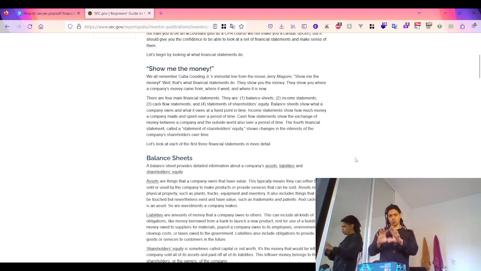Okay, so with that, then I also look at the notes payable, which is an agreement between the borrower and the lender that outlines the terms and conditions of a loan.